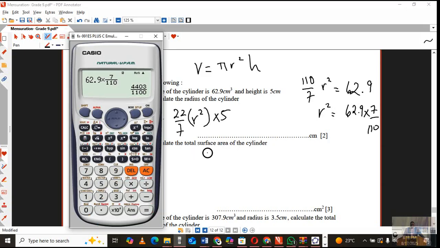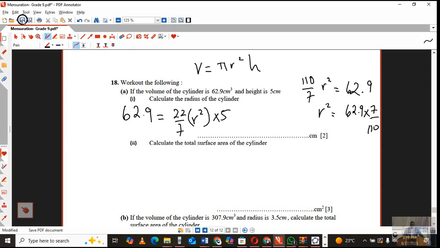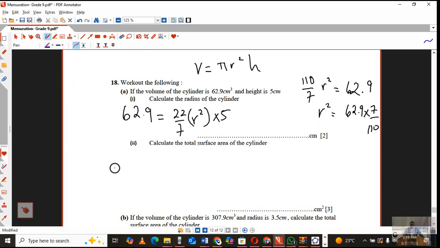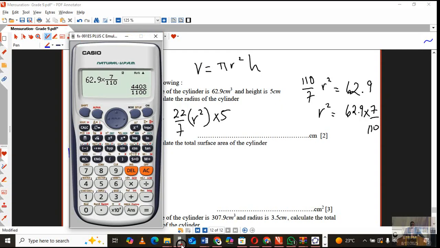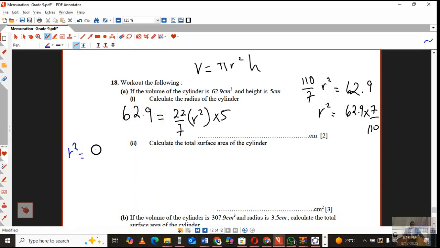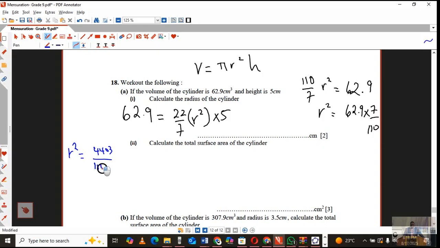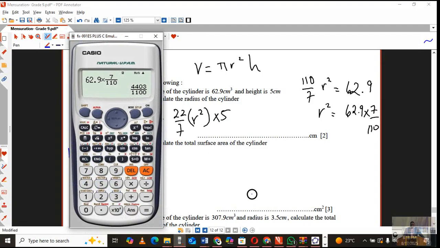I'm running out of space, so I'm going to write that answer here. I've got r squared equals 4403 divided by 1100. Now to get my r, I must take the square root of that answer. So I'm going to say square root of that answer.